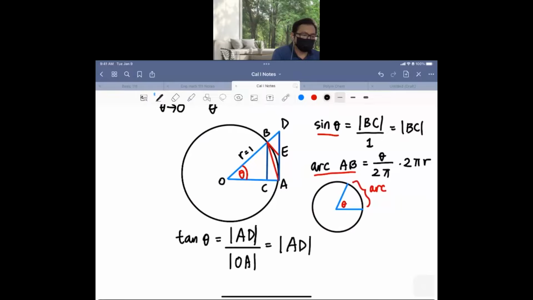The r, or it's just AD. So we have sine theta, arc AB, and tangent theta.